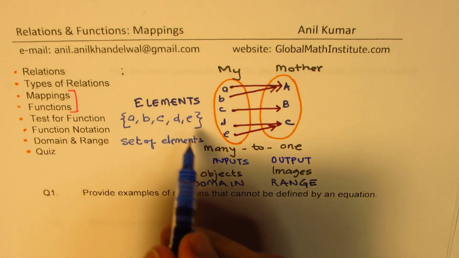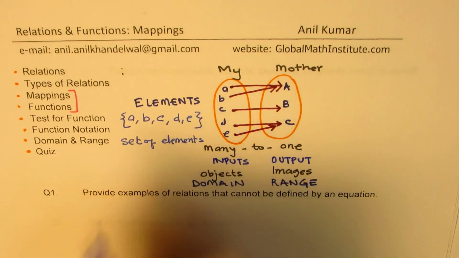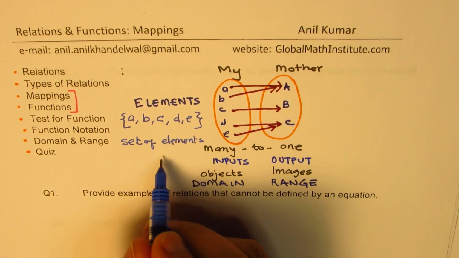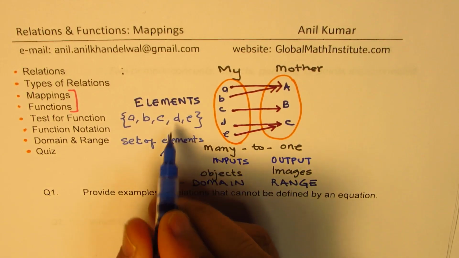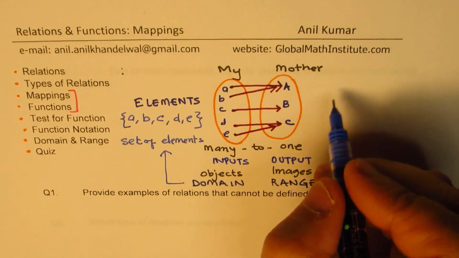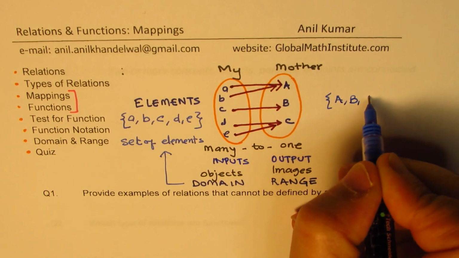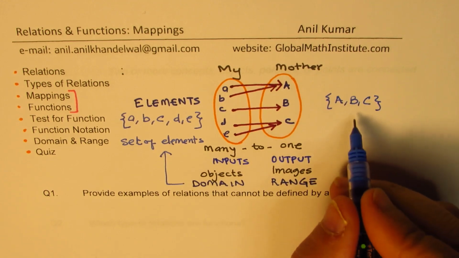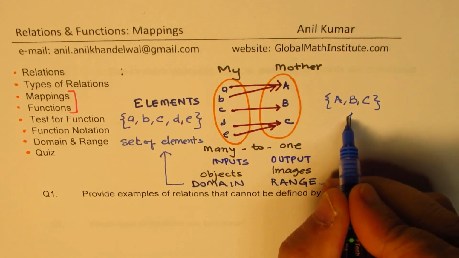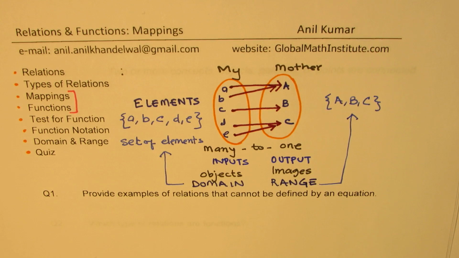And that set which we have shown you is actually the domain, right? So in this case, the domain is the set of elements. And the range will be the set of elements capital A, B, and C, right? So this set of elements will be referred to as the range.